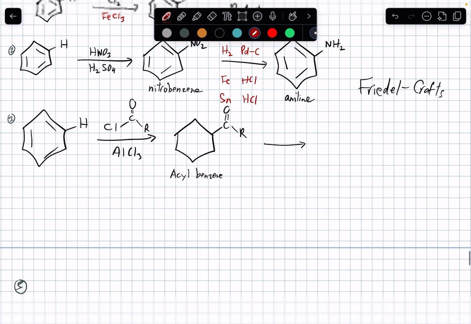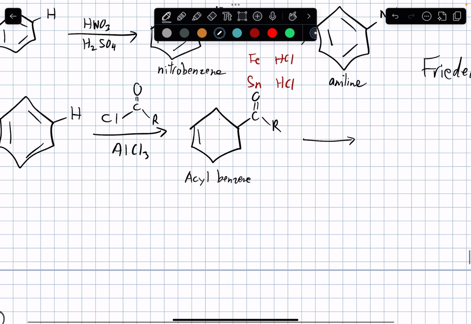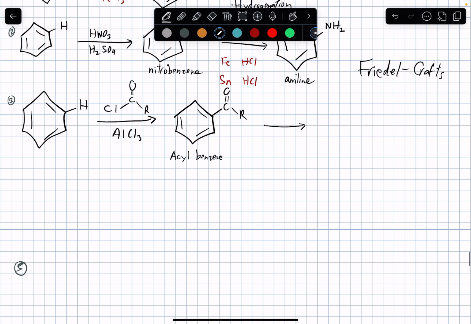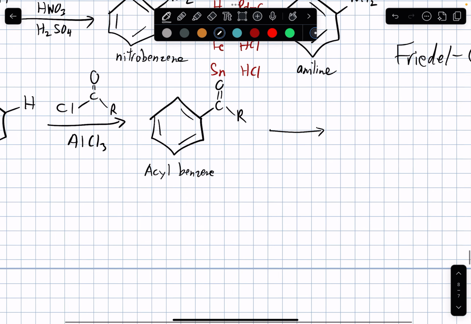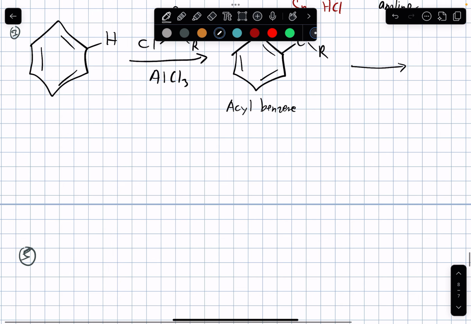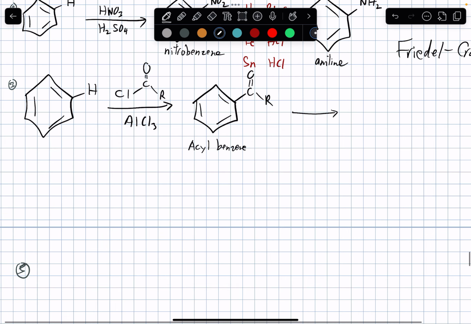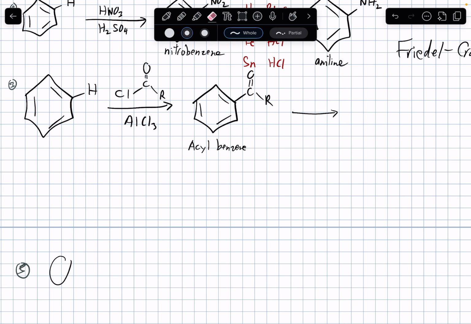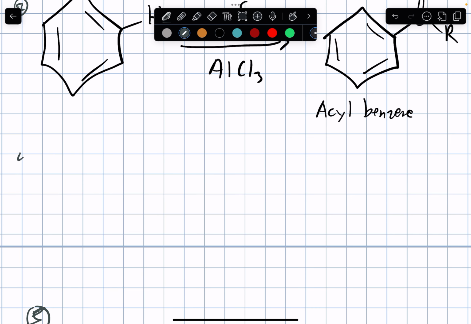Let me talk about that later, since I haven't discussed number 5 yet. I have to discuss number 5 first before I can talk about this one, because there is a limitation in what the fifth reaction can do. And that is where FC acylation steps in together with the reduction that follows, so that you avoid something that you have to avoid with the fifth reaction. We'll talk about that later.